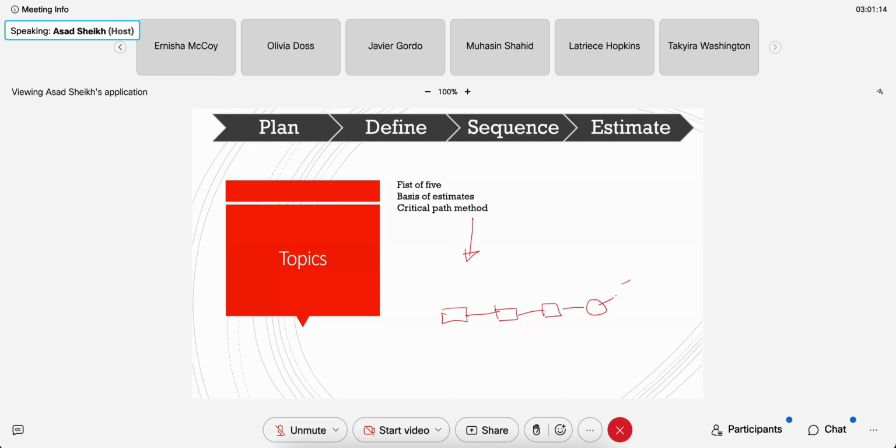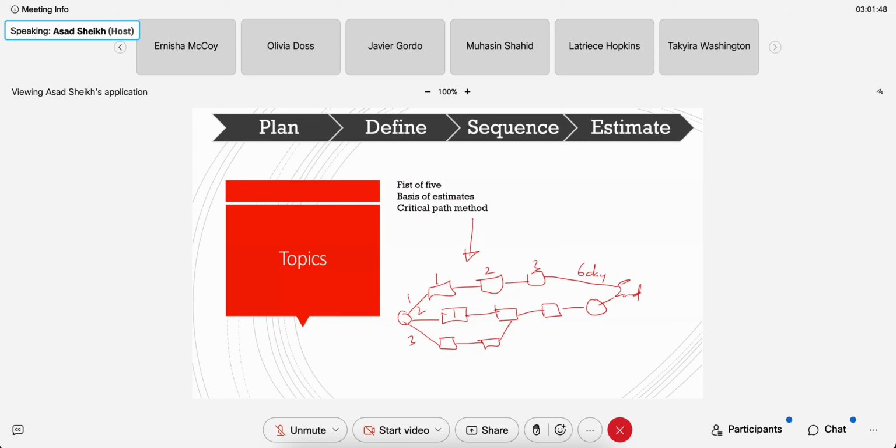If this is the end and you have a path like this, you find out what is the critical path. So you count the paths. You got path 1, path 2, path 3. Let's say 3, 4, 5, 6. It'll take 6 days, let's say, to do this.